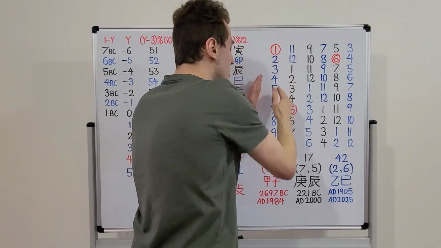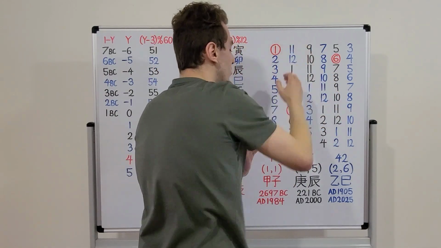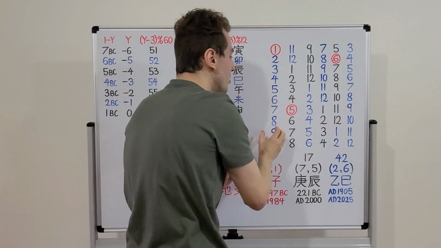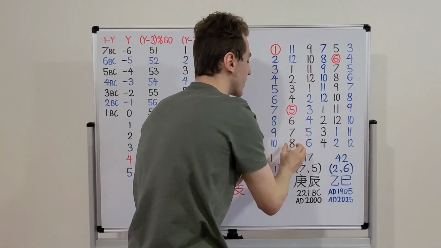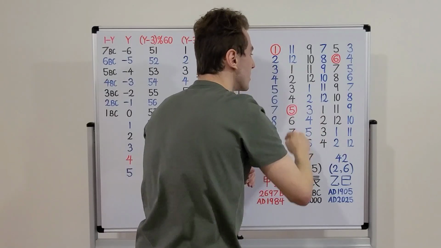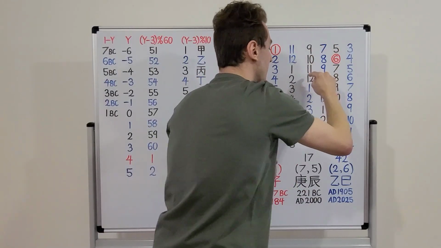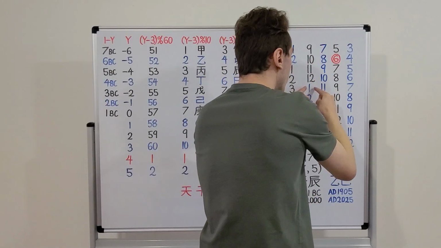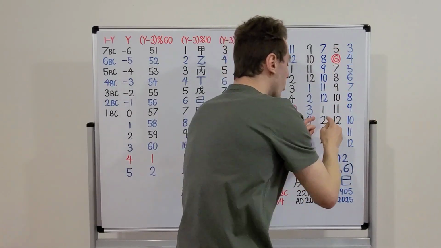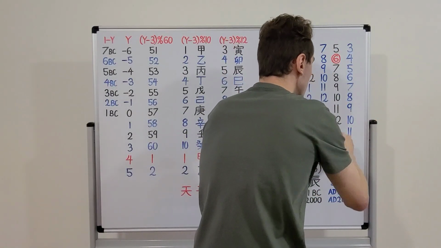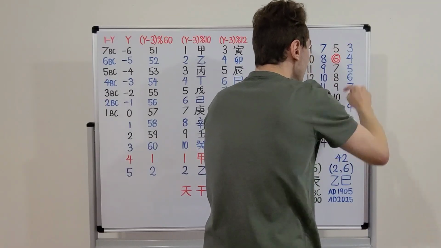So this first 12-year cycle is broken up into 10 years and then 2 years. And then the second 12-year cycle is broken up into 8 years and then 4 years. And then this third 12-year cycle is broken up into 2 groups of 6. The fourth 12-year cycle is broken up into 4 years and then 8 years.